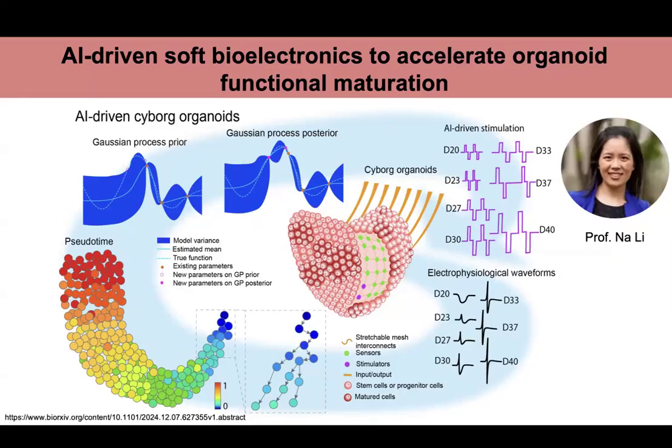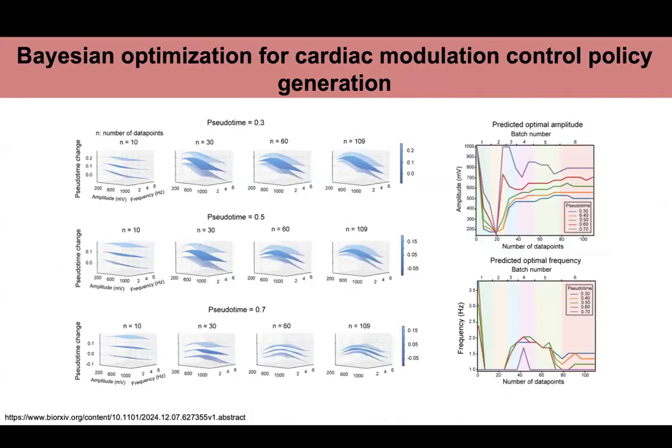So in the era of AI, if you look at AlphaGo, the mechanism is that we really don't need to design a predefined algorithm to determine the optimized control condition. Rather, we build a trajectory system that gives very clear state information to the AI agent, and then we just point out the final goal and ask the AI agent to perturb the system, look at the response, and figure out the most optimized stimulation.